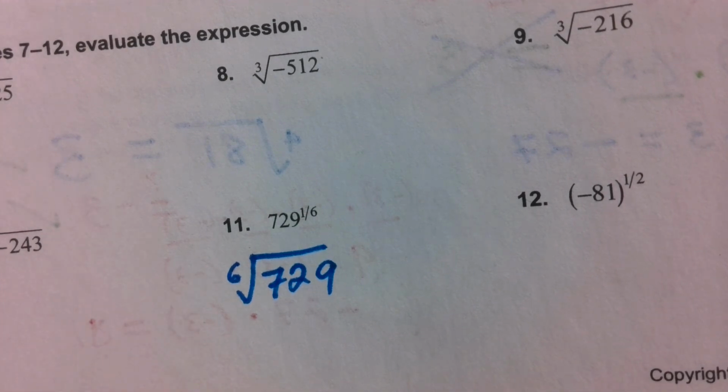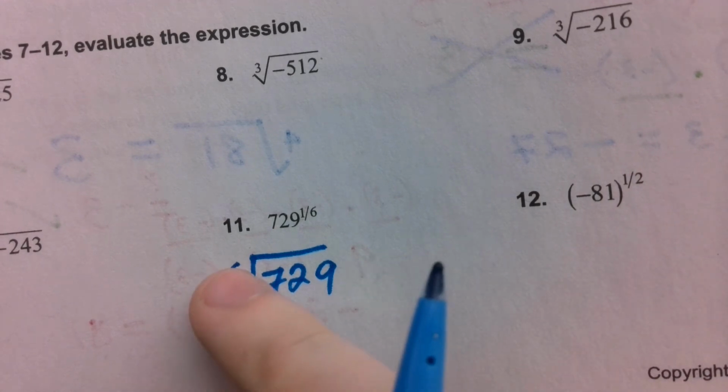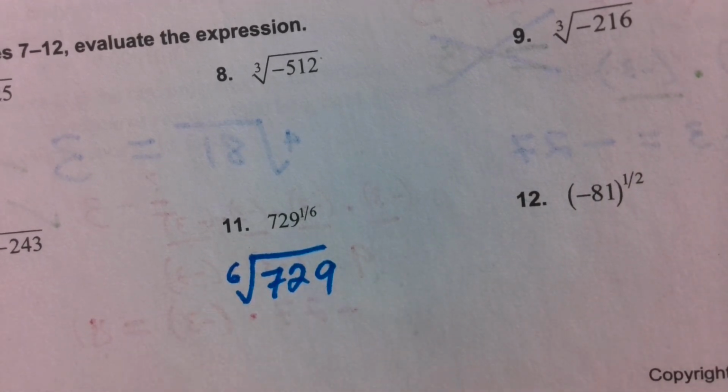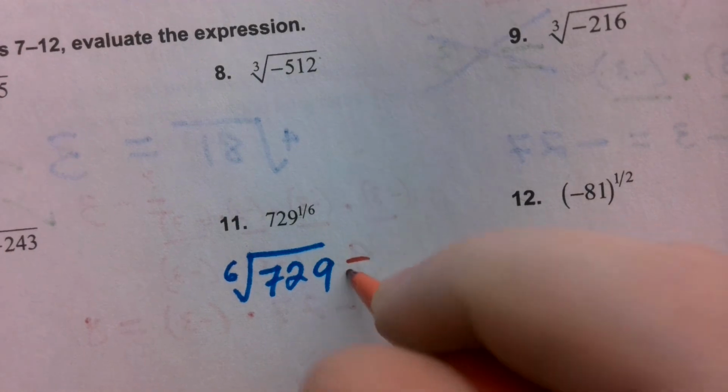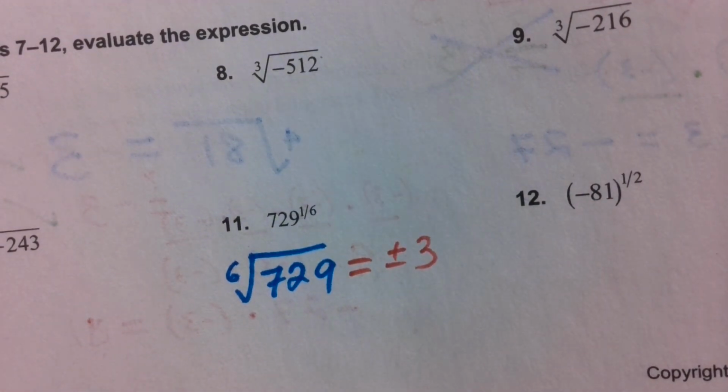Try this one on for size. This is, again, going to be a little bit of a tough one, but the rule that helps us is the bigger the index, the smaller your answer has to be. Did you get it? The correct answer to this is 3. But we have an even index, so we write it as positive and negative 3, plus or minus 3.